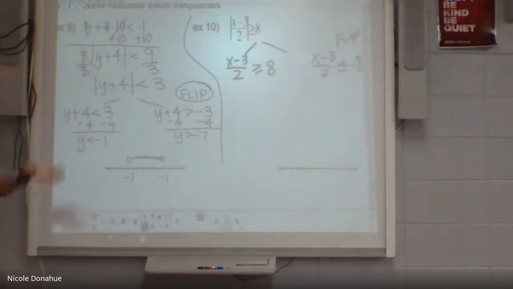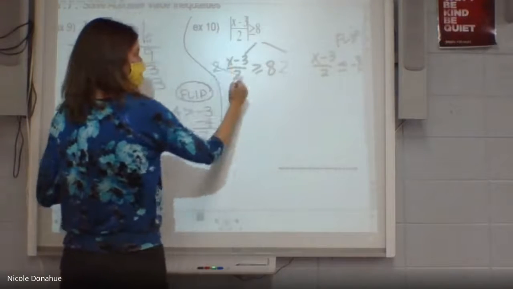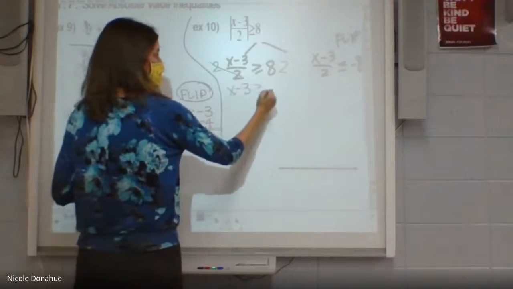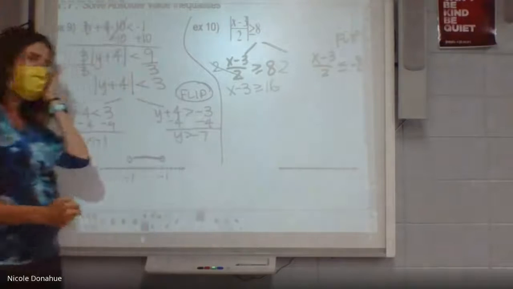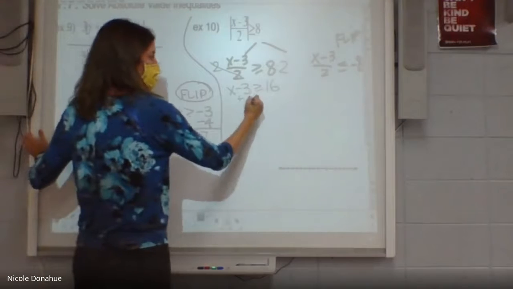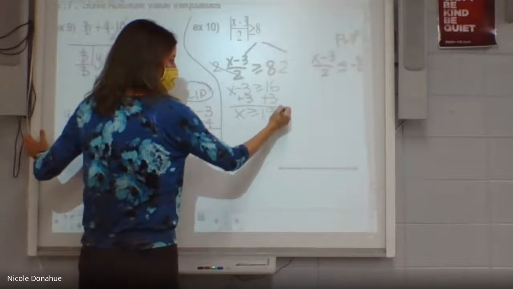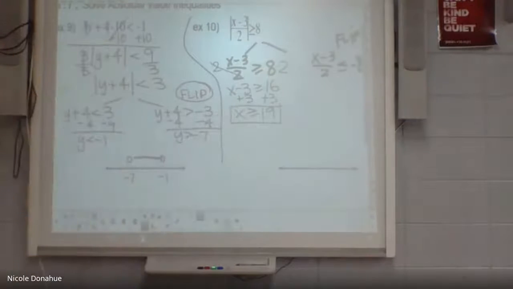So when I'm dividing by 2, instead I'm going to multiply by 2. And then I can add 3. There's one of my answers.